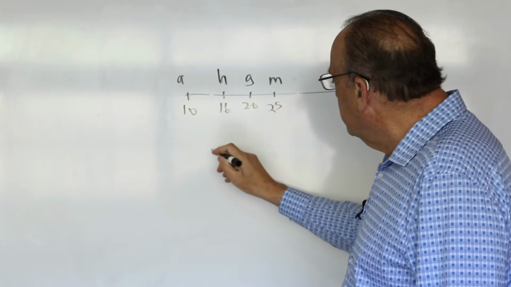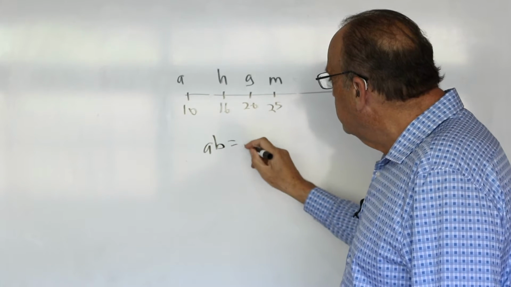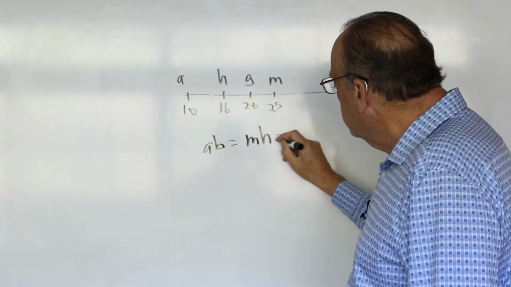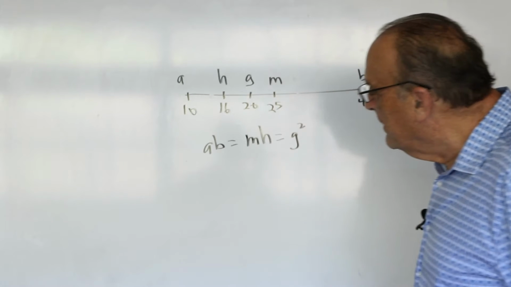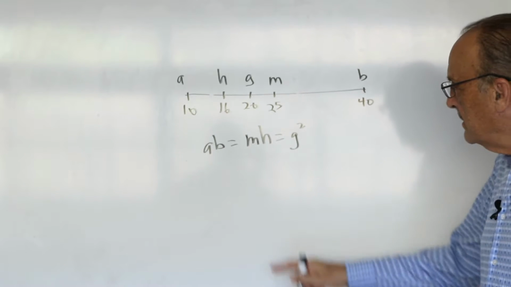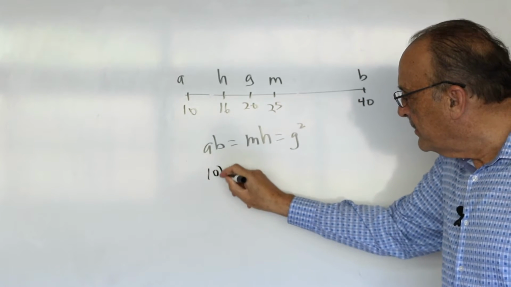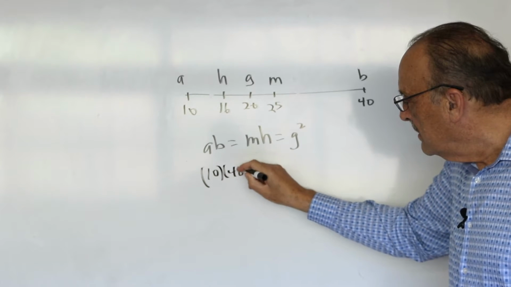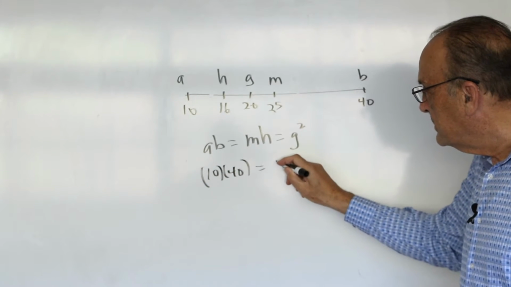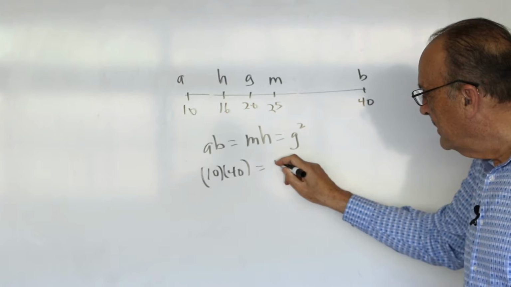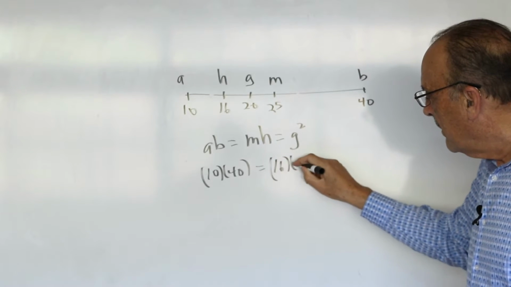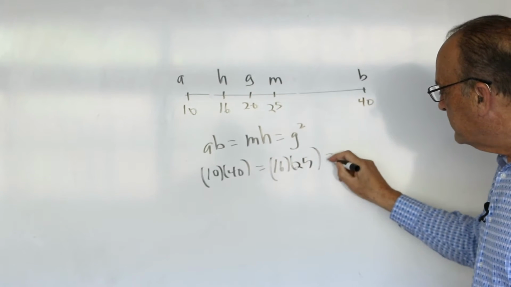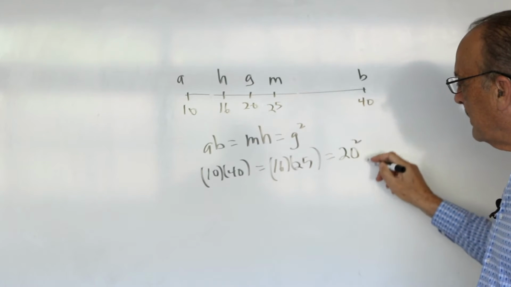And we had this relationship that A times B was equal to M times H was equal to G times itself. So in this case, we have 10 times 40 equaling 16 times 25 equals 20 squared. They're all equal to 400.